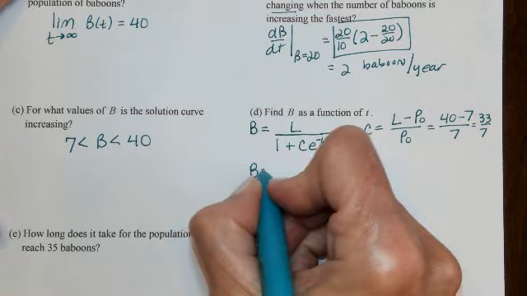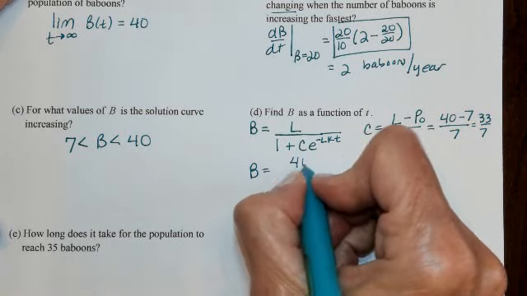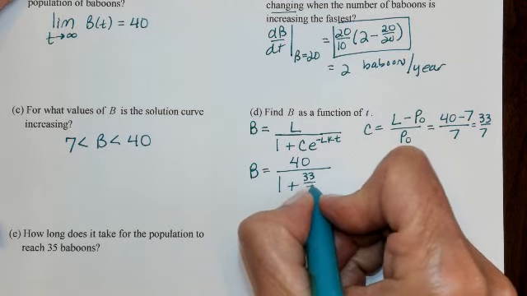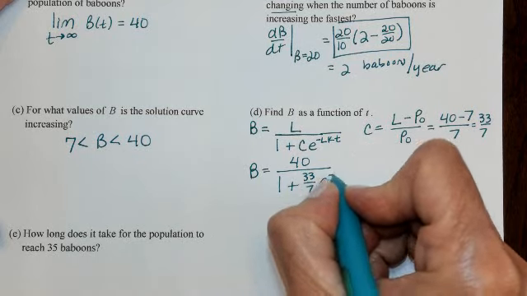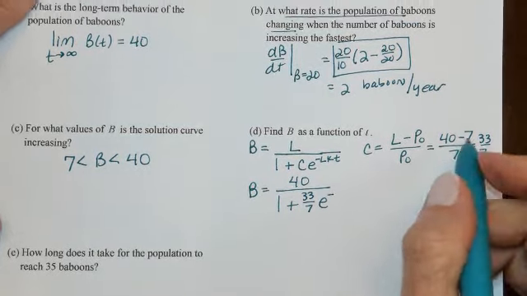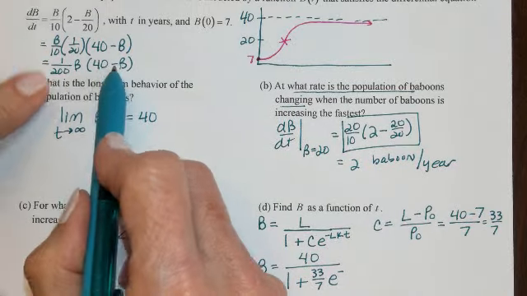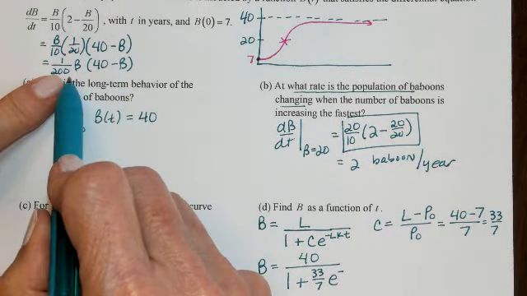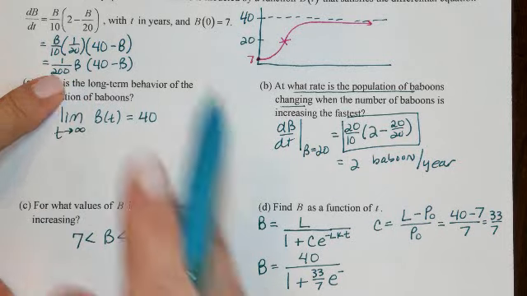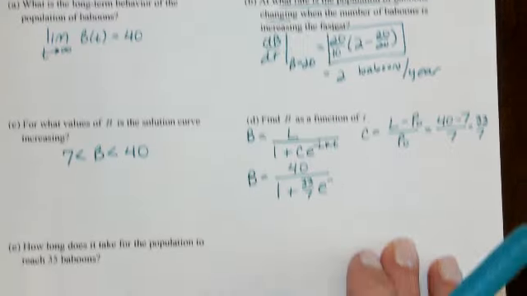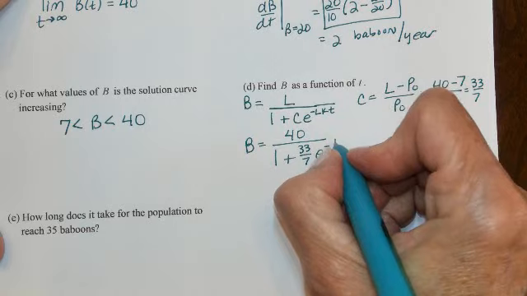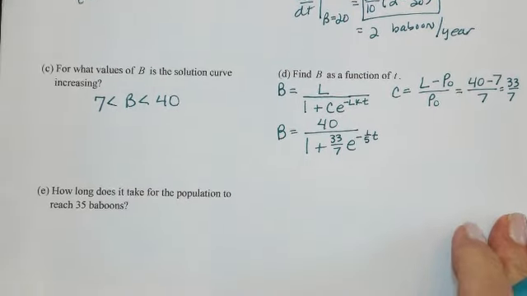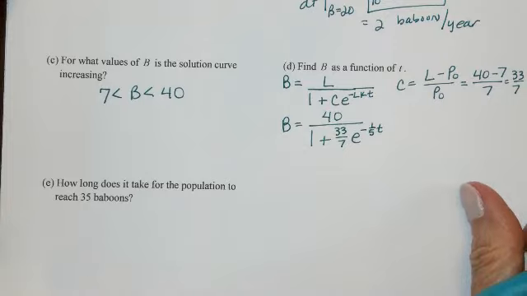So our B is 40 divided by 1 plus 33 over 7 e to the negative. All right, I need L times K. L times K is 40 over 200, which is 4 over 20, or 1/5. So 1/5 t. And that's, we just found b as a function of t.